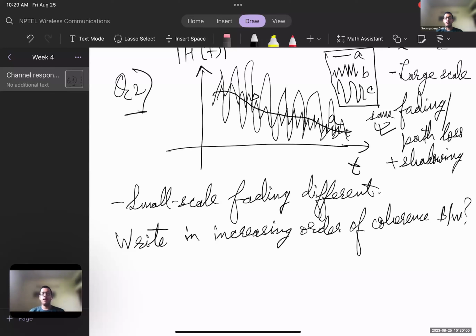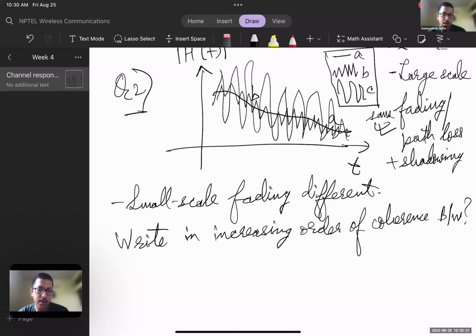So, write in increasing order of coherence bandwidth. Okay. So how do you solve for this?